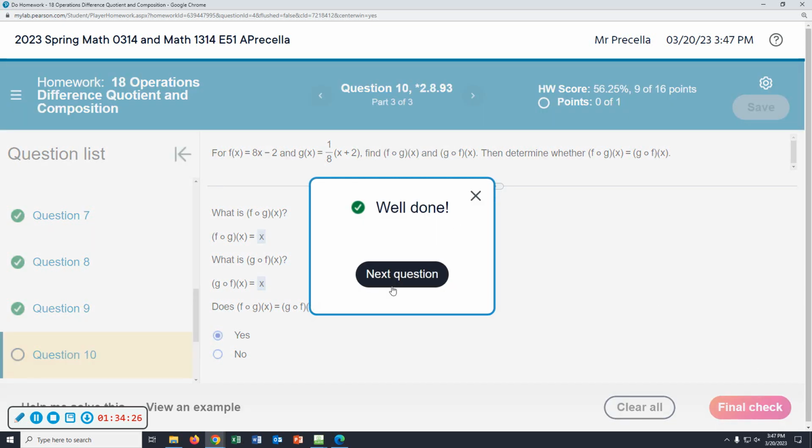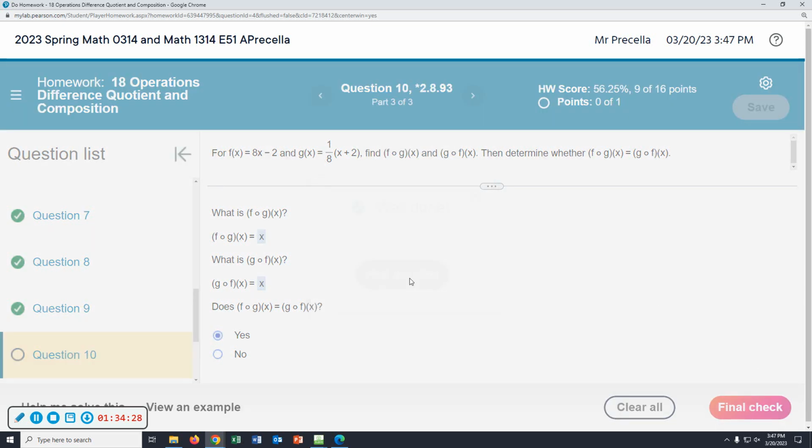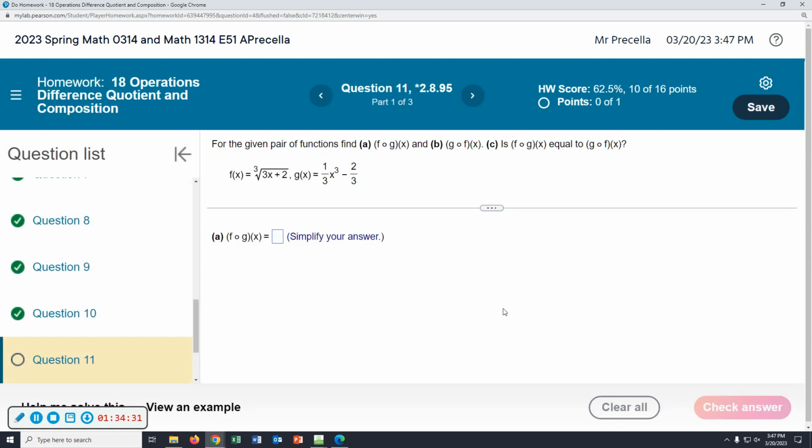Now I think number 11 has the same instructions, but some messier-looking functions. F of x is the cube root. We don't see many cube roots, do we?